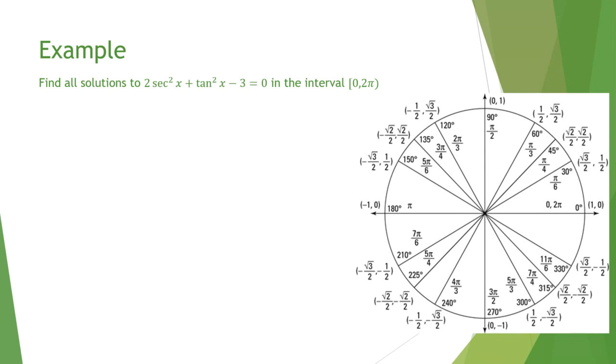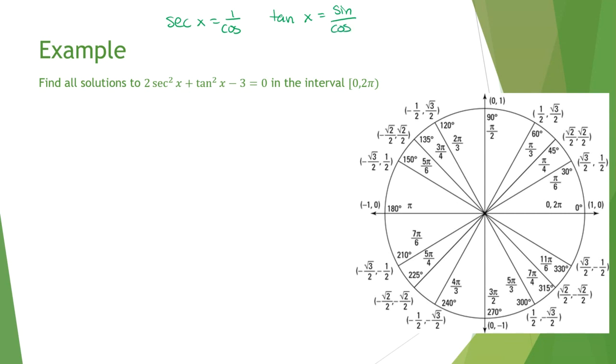There are sort of multiple ways to do this. So let's just see what happens. So your thought might be, okay, secant is 1 over cosine, and tangent is sine over cosine.